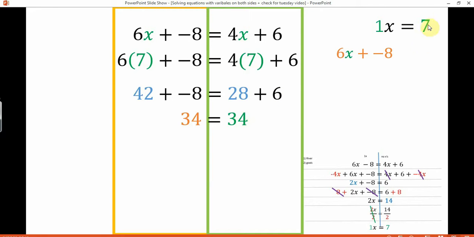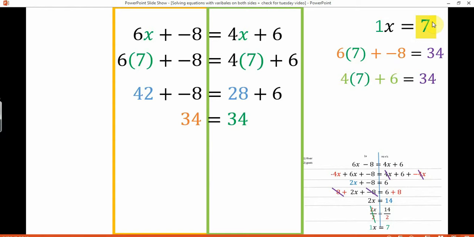When I stuck the 7 in for x, this side of my equation came out to equal 34. In my other expression, my other side of my equal sign, 4x plus 6, when I substituted 7 for x, that side of the equation, that expression also was equal to 34.